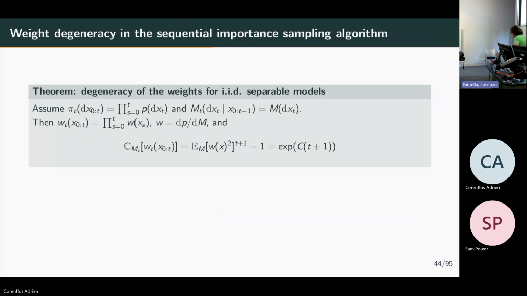The problem with that is as you keep on going, the weights are going to collapse, right? You keep on multiplying together things that are small, and so you are going to get a form of collapse, not a computational collapse, but a statistical collapse. People tend to think in terms of there being only one particle that's kept alive.